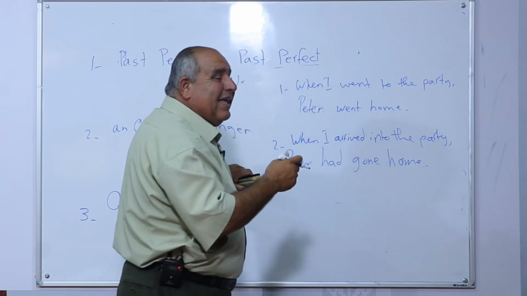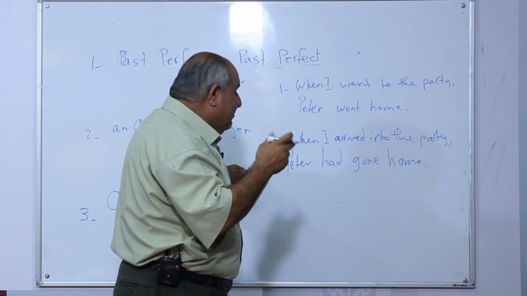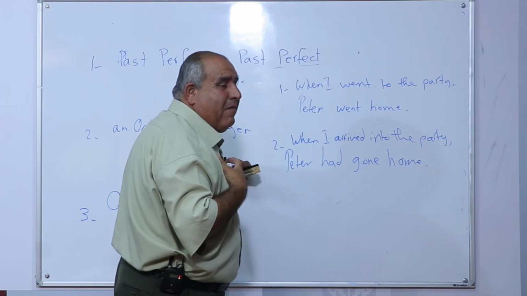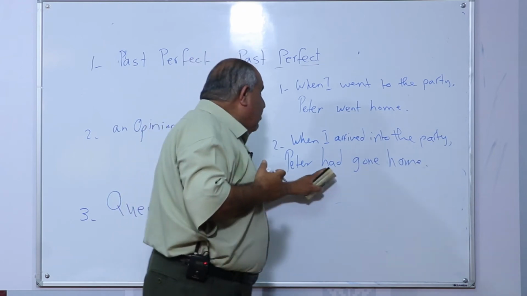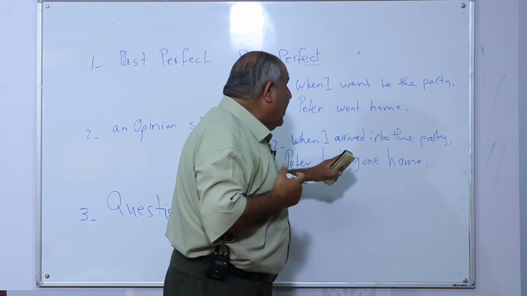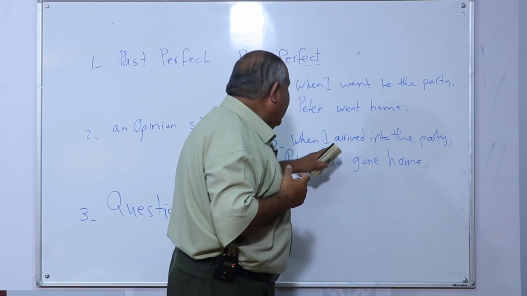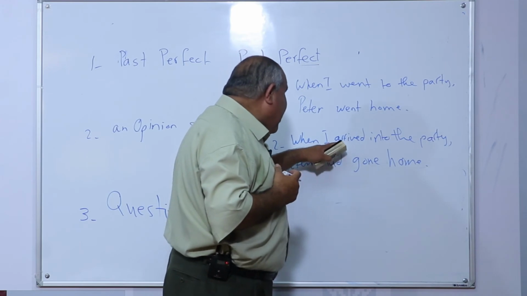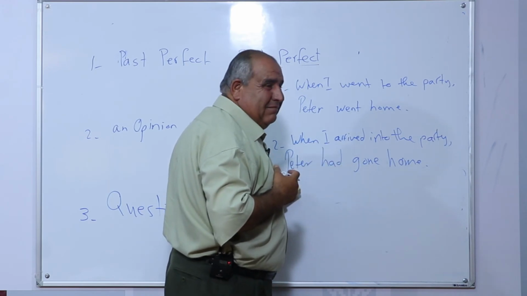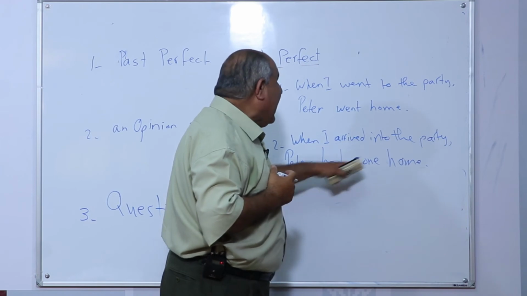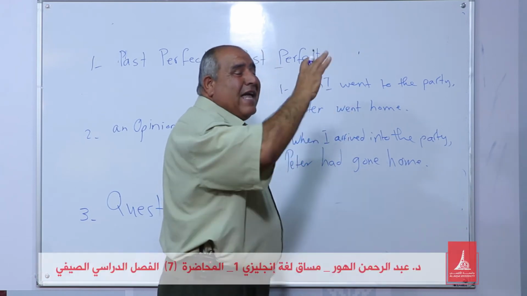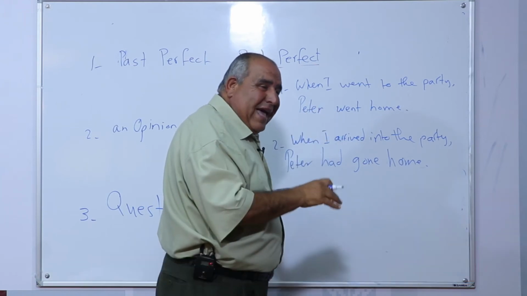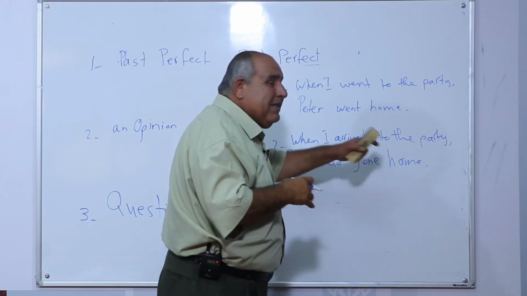It means that Peter went home before my arrival. So Peter's going home was prior to my arrival in the party. So when I arrived, I did not see Peter. Why? Because he had gone home. Because before that moment, it was a different time from this time that Peter had gone home.